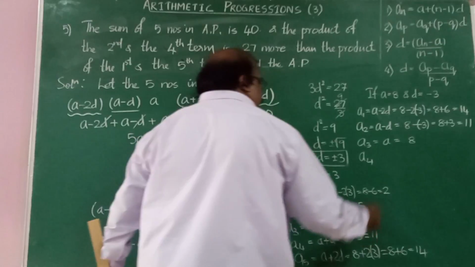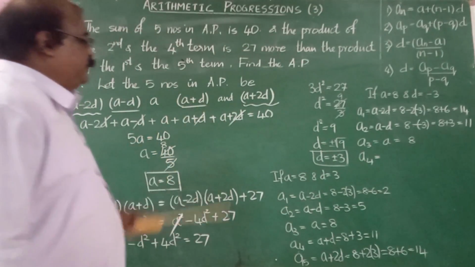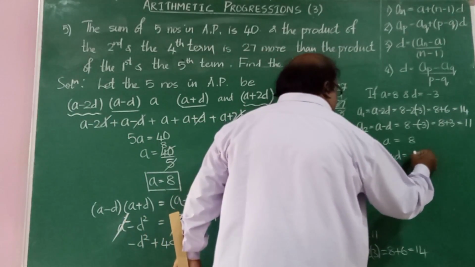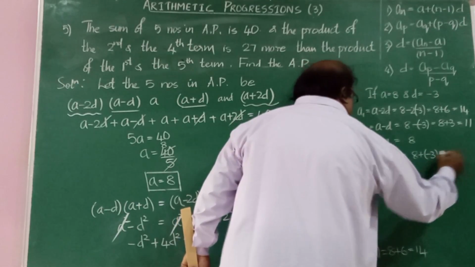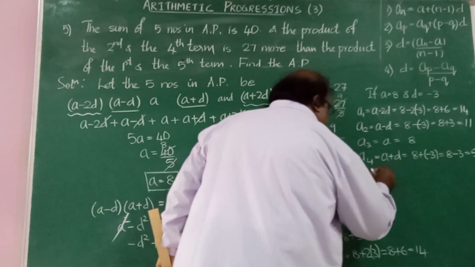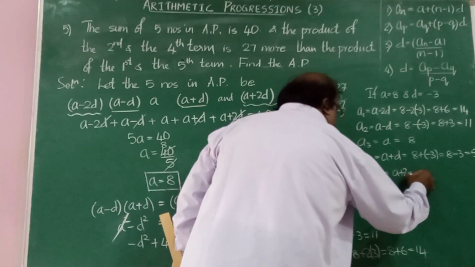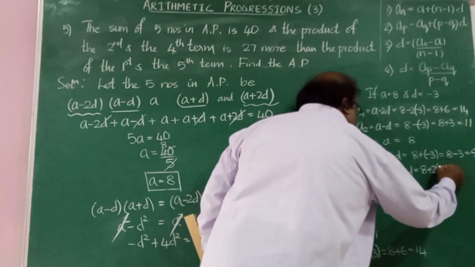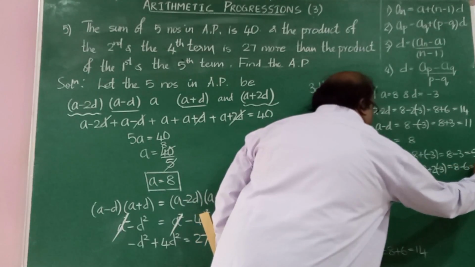The fourth term, what would have been the fourth term? A plus D. What is A plus D? 8 plus of minus 3. So you get plus into minus, minus, 5. And your last term would have been A plus 2D, 8 plus 2 into minus 3. That is 8 minus 6, that is 2.